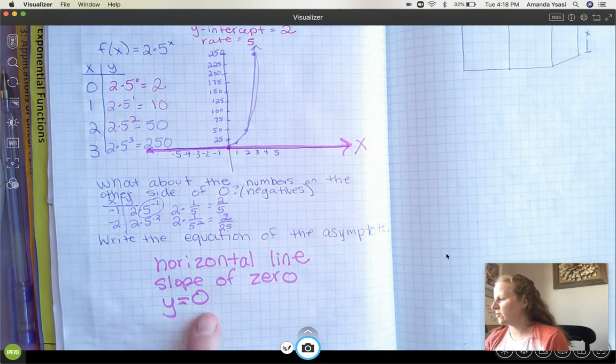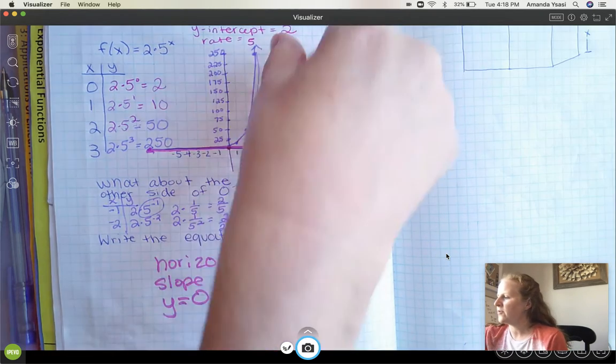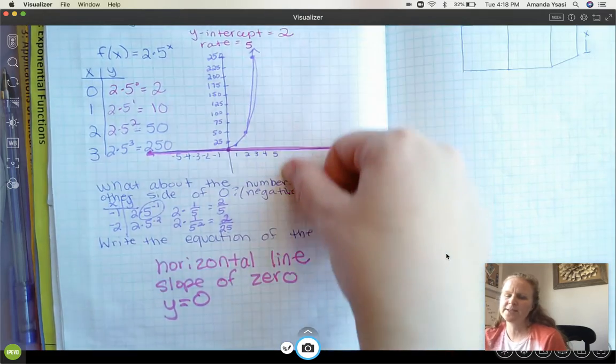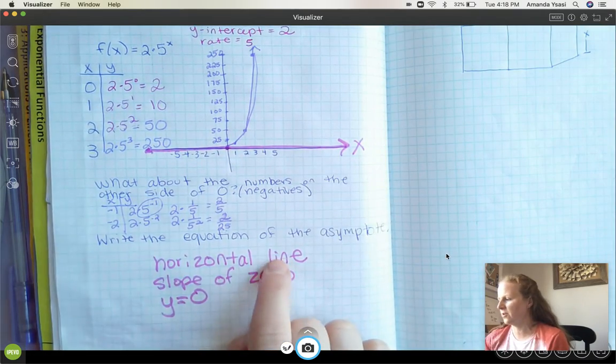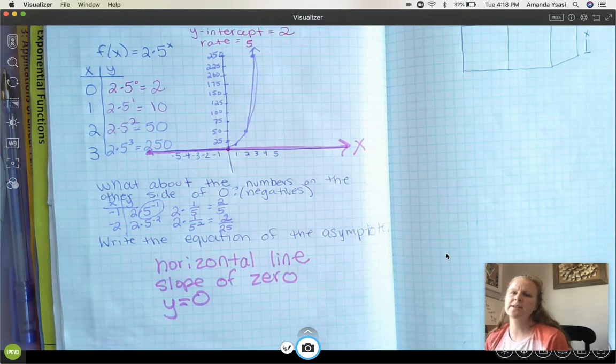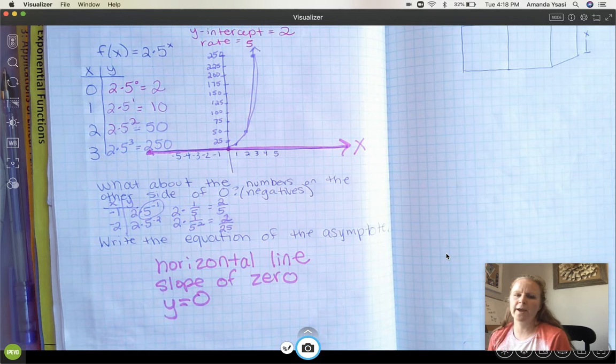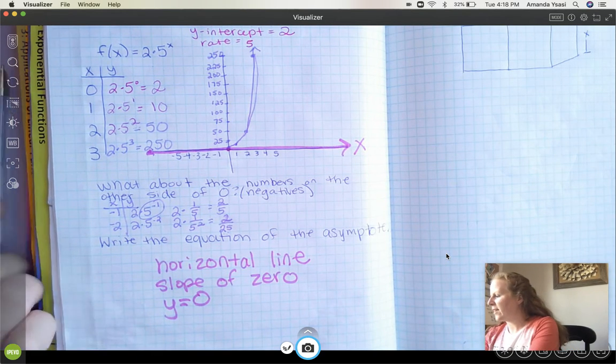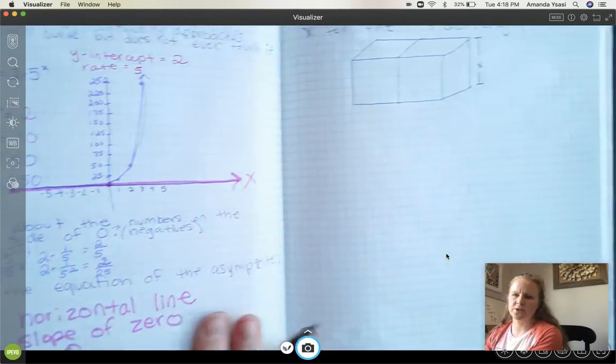So it's y equals 0. If I said x equals a number, that's going up and down. But it's not a vertical line. It's a horizontal line. Y equals 0. Remember 0 fun, dude? So that's our y equation, I guess you could say. Okay, so that is what an asymptote is. So whenever you see that question, you'll know.